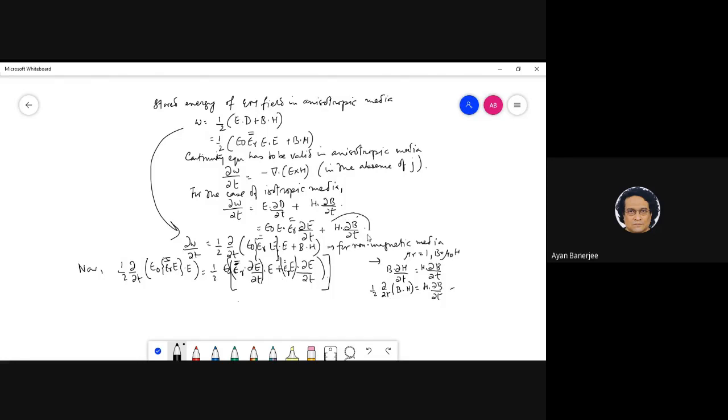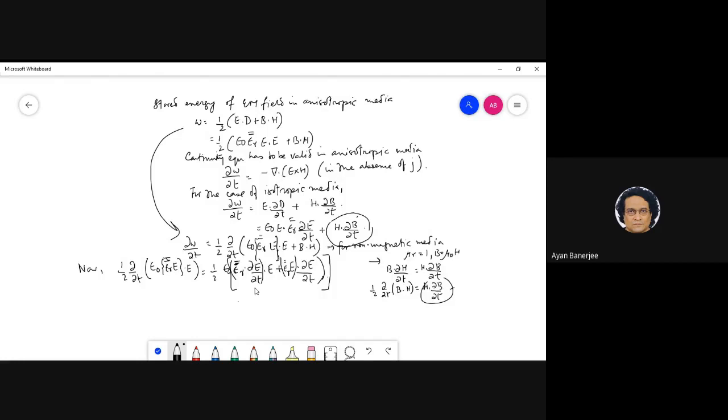So this term and this term are same. Then this term and these terms also have to be same if I claim that this relation is valid. Remember, I had got this from the Poynting vector derivation that we had done before.